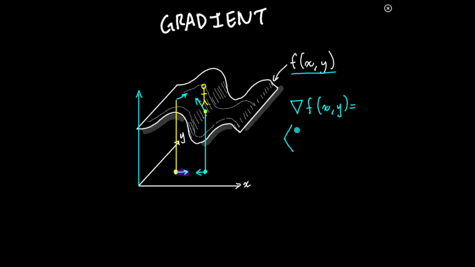So the x component of this vector is going to be the partial derivative of f with respect to x, and then the partial derivative of f with respect to y for the y component of the vector.